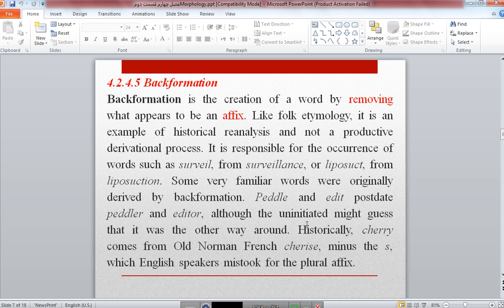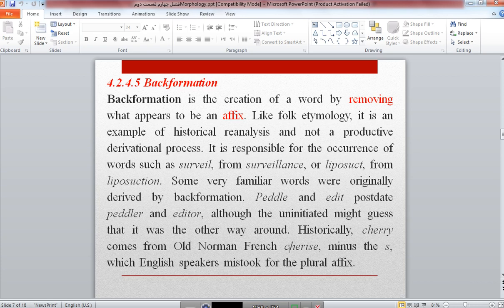But sometimes when we remove the suffix or prefix, there are some mistakes. For example, cherise is an Old Norman French word. This s belongs to the word, but when English speakers borrowed this word, they thought that this s introduced the plural form, so they cut it and pronounced it cherry.